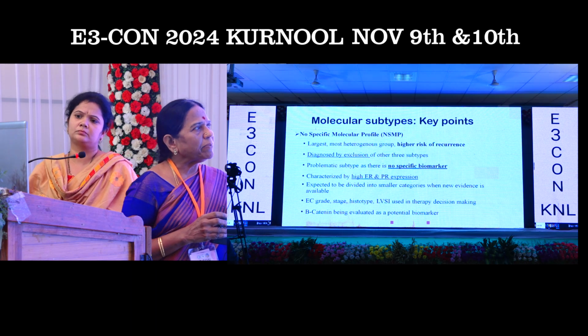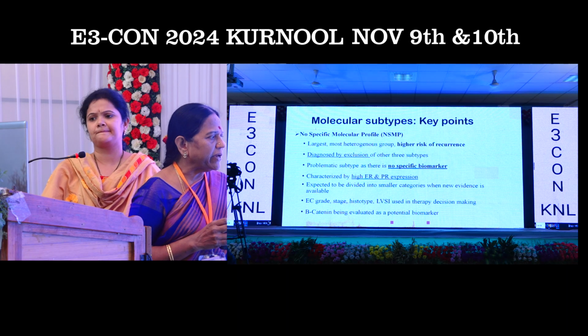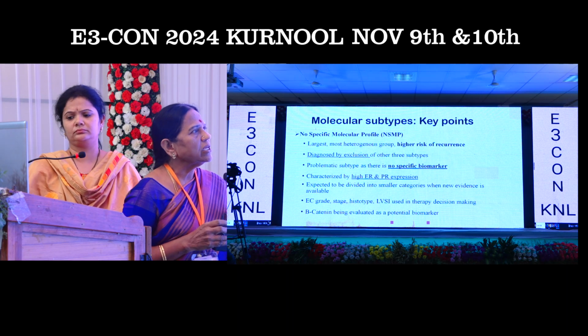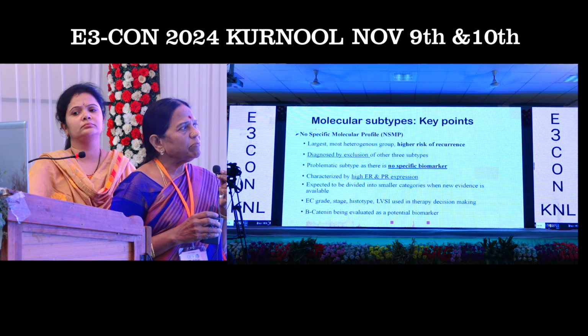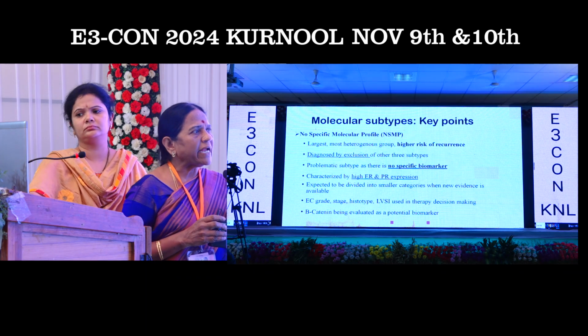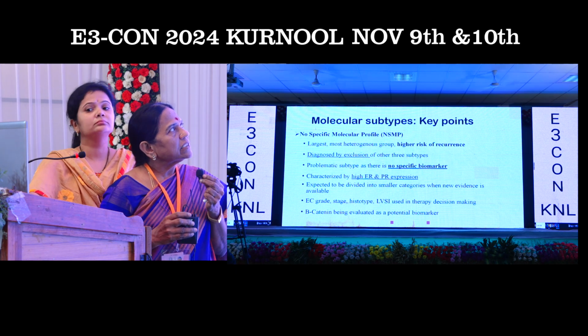So it is a problematic subtype, as there is no specific biomarker, but the recent biomarker they have evaluated is beta catenin, which is evaluated even in breast carcinomas. So here it is characterized by high ER and PR expression and is expected to be divided into smaller categories when new evidence is available. Next.